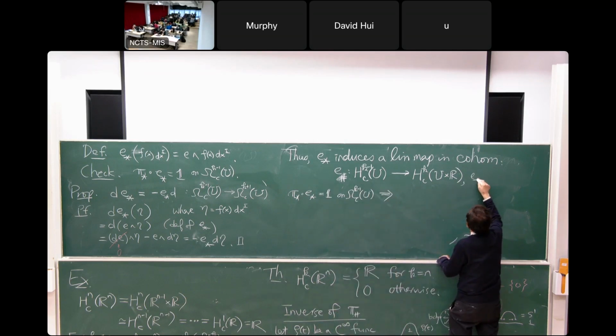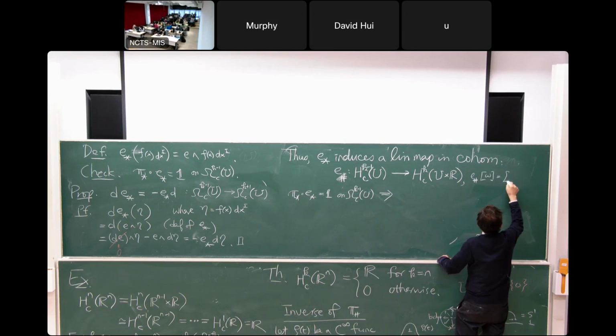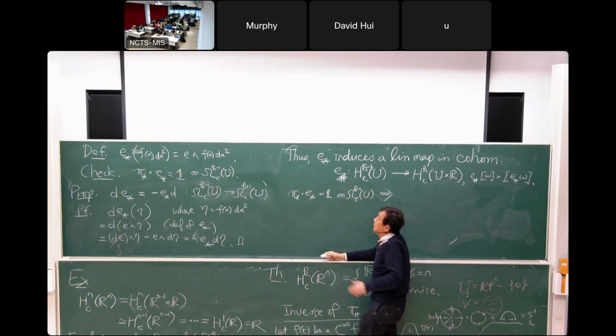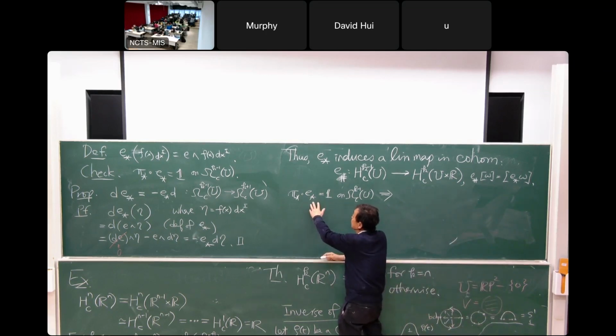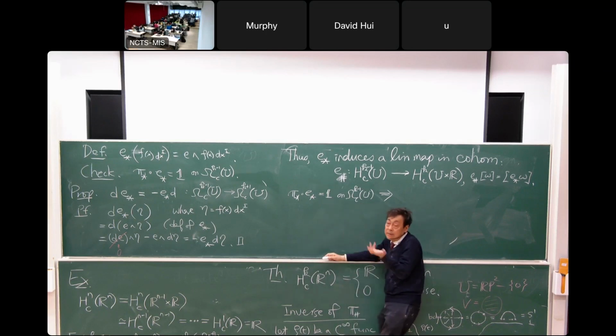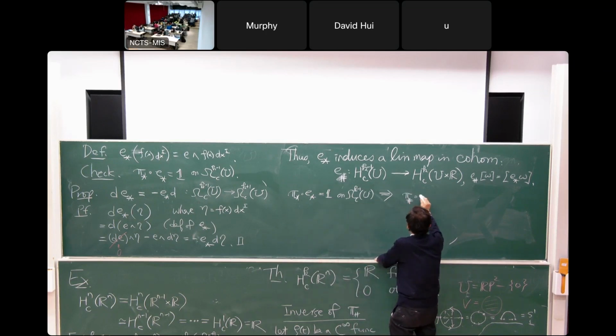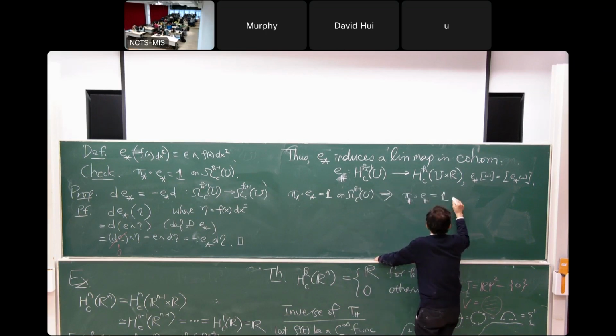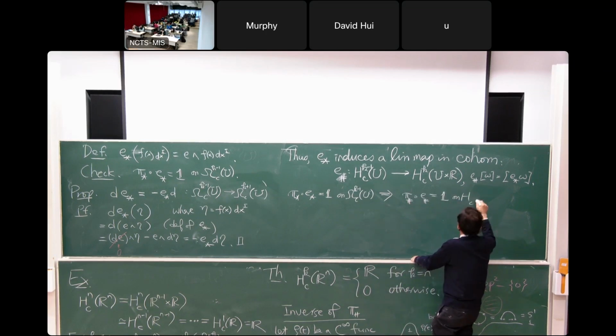Well, of course, it's defined in terms of E lower star. And so if pi lower star composed with E lower star is the identity, then pi lower hat composed with E lower hat is going to be the identity on the cohomology, right?